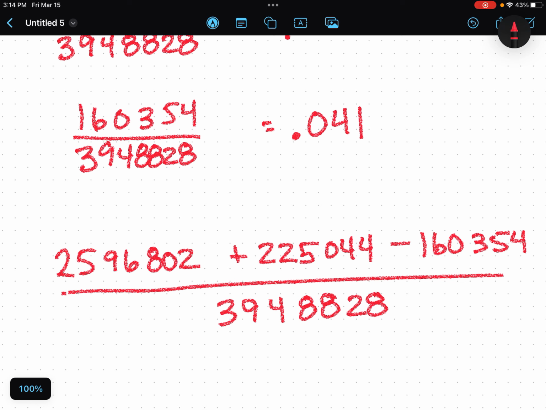What's the probability that a randomly selected baby was born in this age category given that they're post-term? And what we do for that one is, when we look at that, we've got 160,354, but the post-term was only this many.